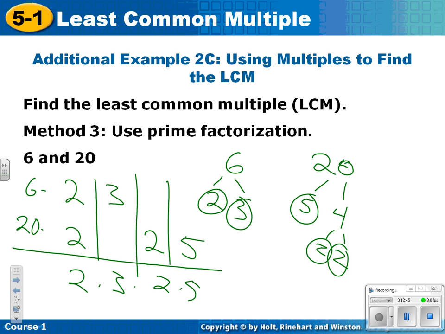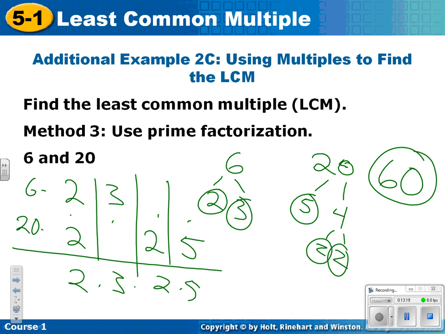Multiply them together. 2 times 3 is 6, times 2 is 12, times 5 is 60. My answer is 60. You just multiply them all together. The only difference between least common multiple and greatest common factor is that with least common multiple, you use all of the columns. With greatest common factor, you only use the full columns. It's the only difference.